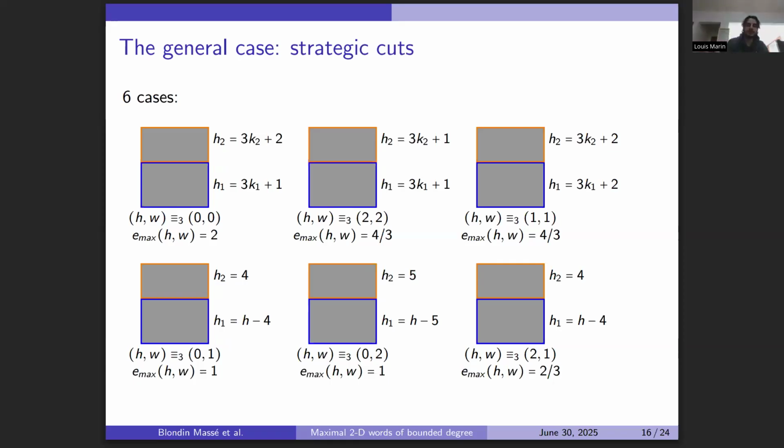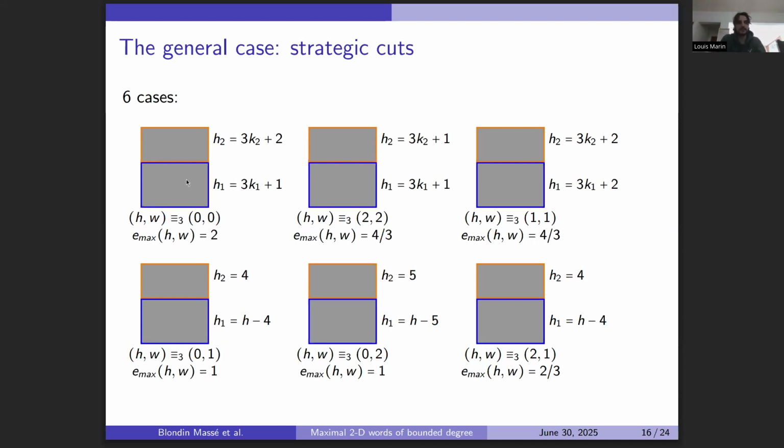So what we do is we find a minimal counterexample, minimal both in H and W. And then we assume that it has excess 1 plus the maximal excess that we think. And then we cut the rectangle and we see where the contradiction lies.